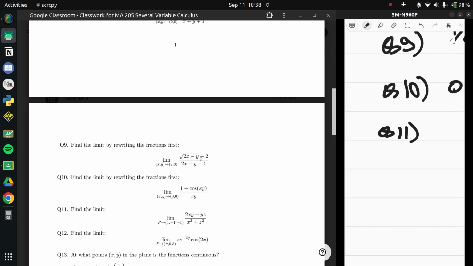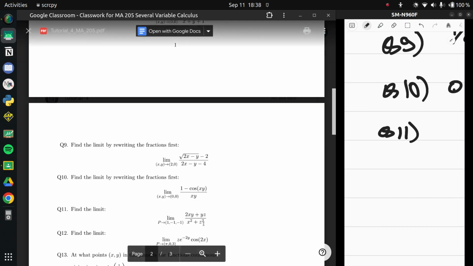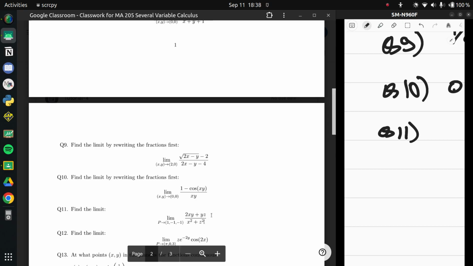Question 11 is find this limit. I don't know what's going on. So I can just substitute stuff in that, right? The quotient rule says just take the limit of the up and the down and then divide, and this does exist. It's some finite non-zero number in the denominator, so it's perfect.